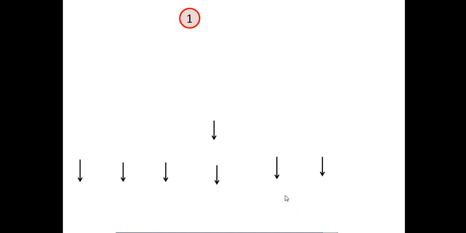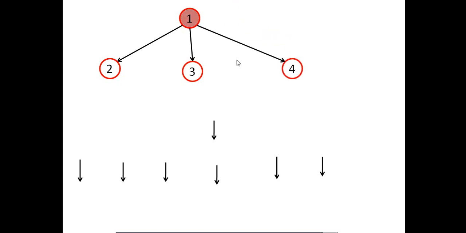Okay, understood this problem? Now we'll solve. See here, 1 is what? Source vertex. This source vertex can travel to vertex 2, vertex 3 and vertex 4.